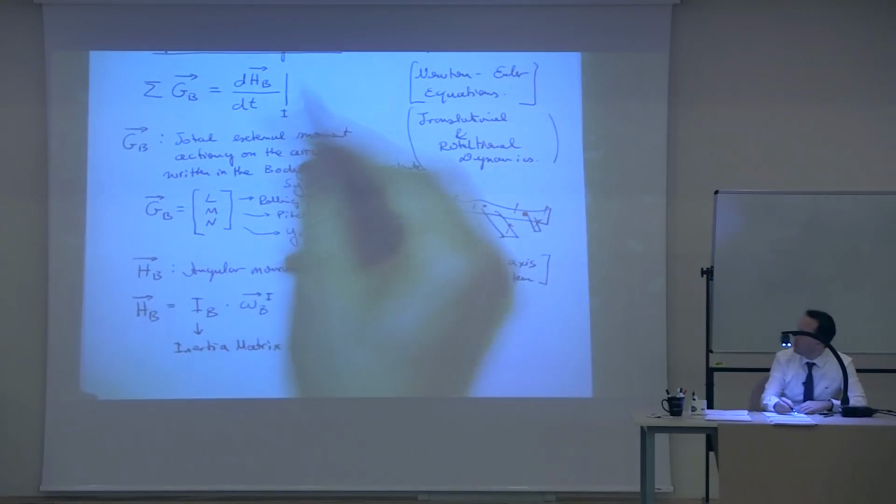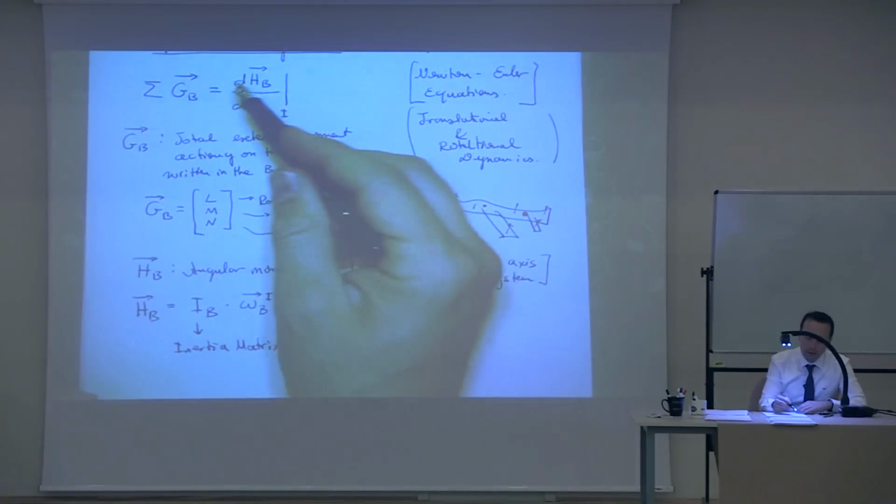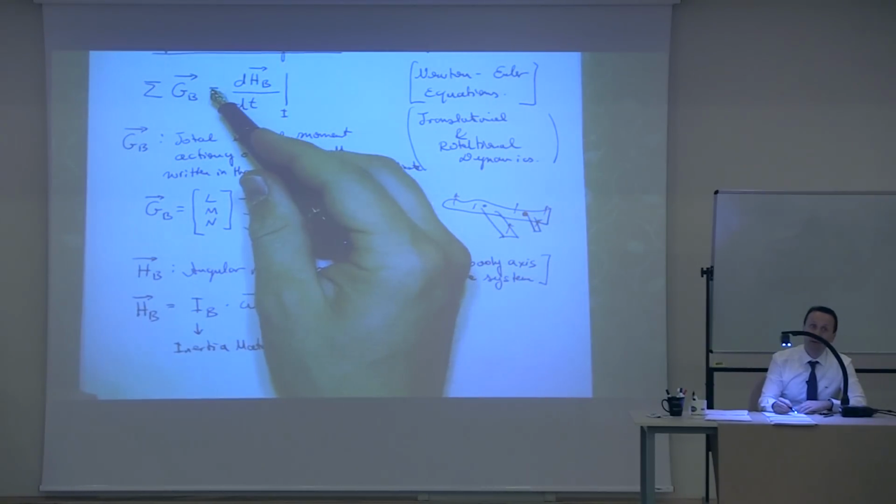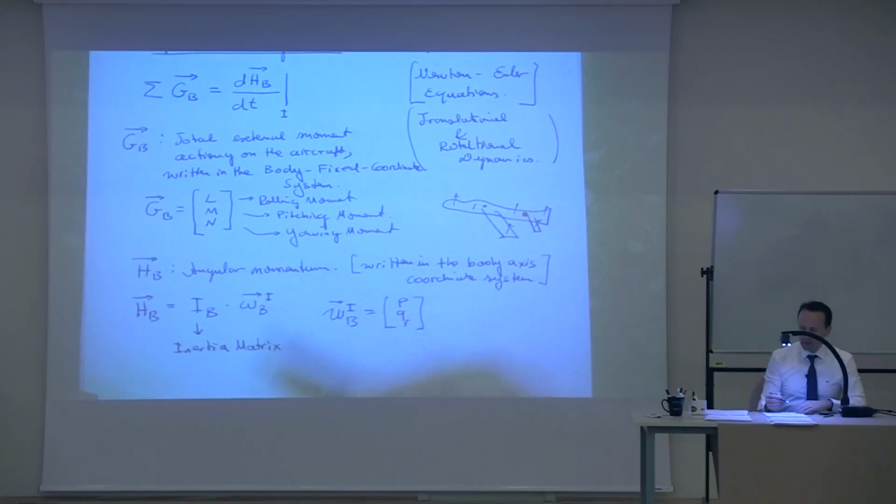Now this law here, the time rate of change of angular momentum is equal to the moments, is very similar to F equals ma if you think about it, because the original derivation of F equals ma, F comes from this, right? It's the time rate of change of the linear momentum, and the derivative has to be taken with respect to the inertial frame.